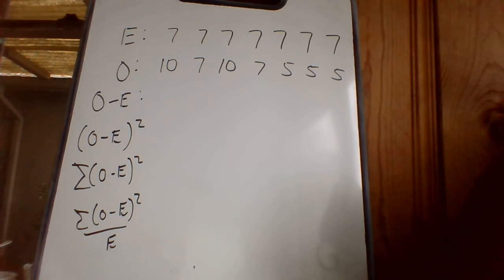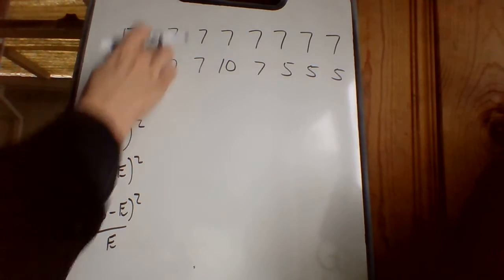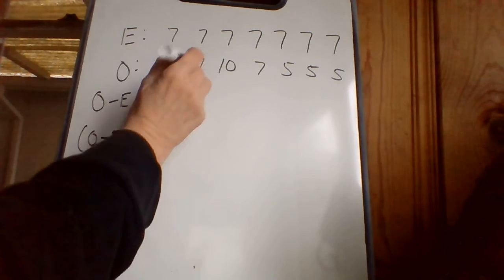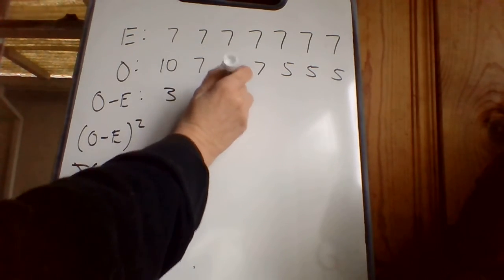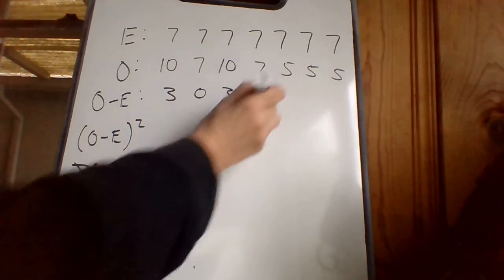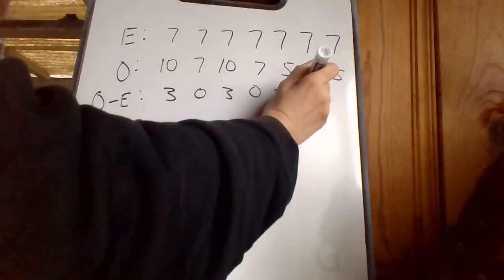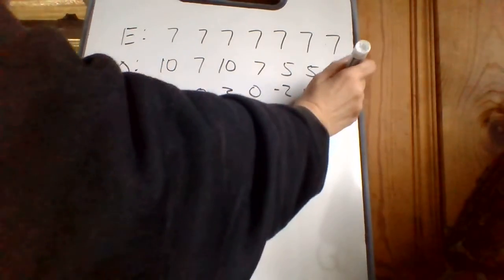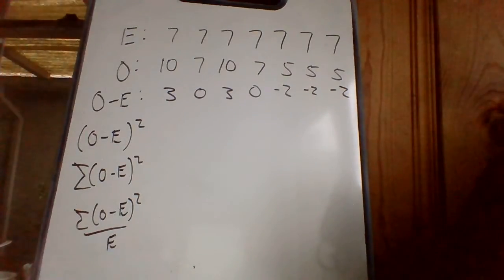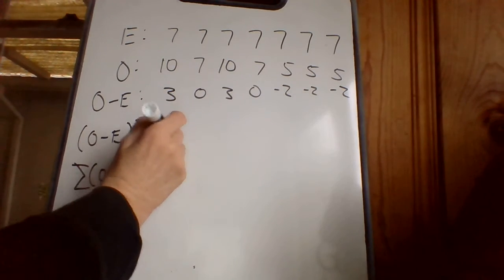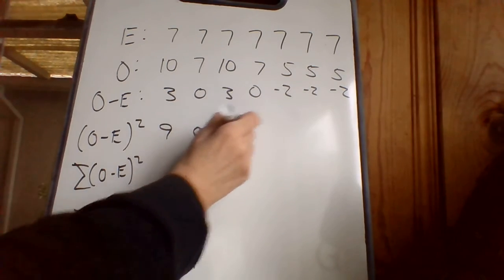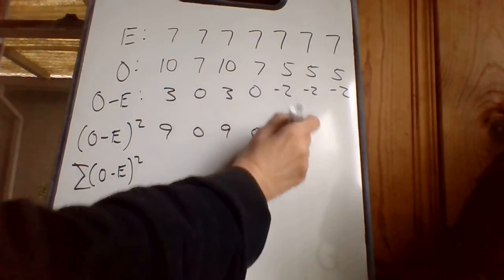All right, so anyway, I'm going to do observed minus expected. So 10 minus 7, 7 minus 7, 10 minus 7, 7 minus 7, 5 minus 7, 5 minus 7, 5 minus 7. Square all of those. Remember, negative times negative is positive.